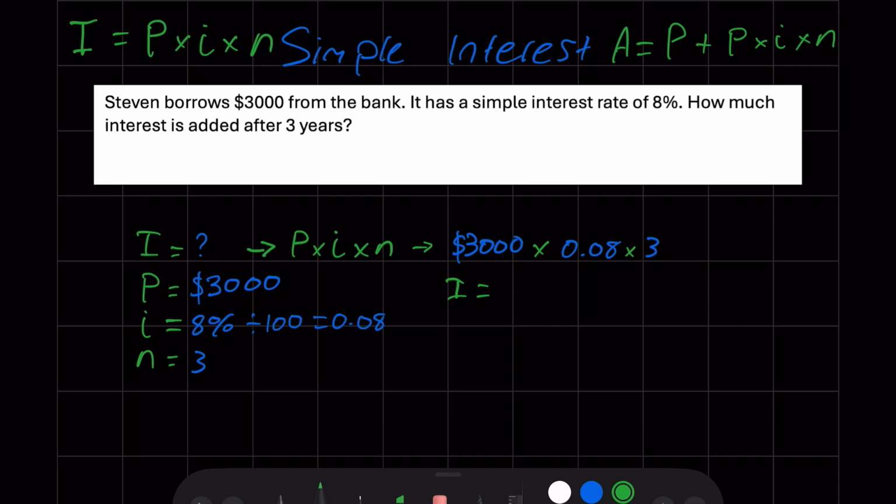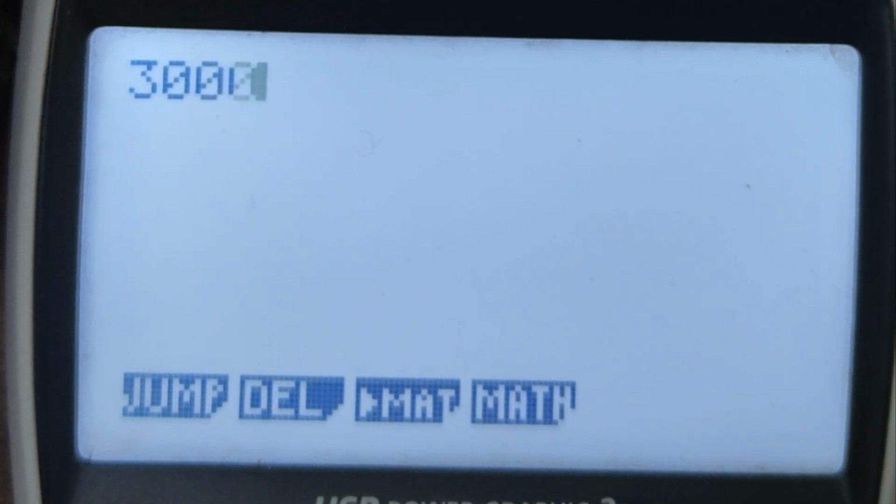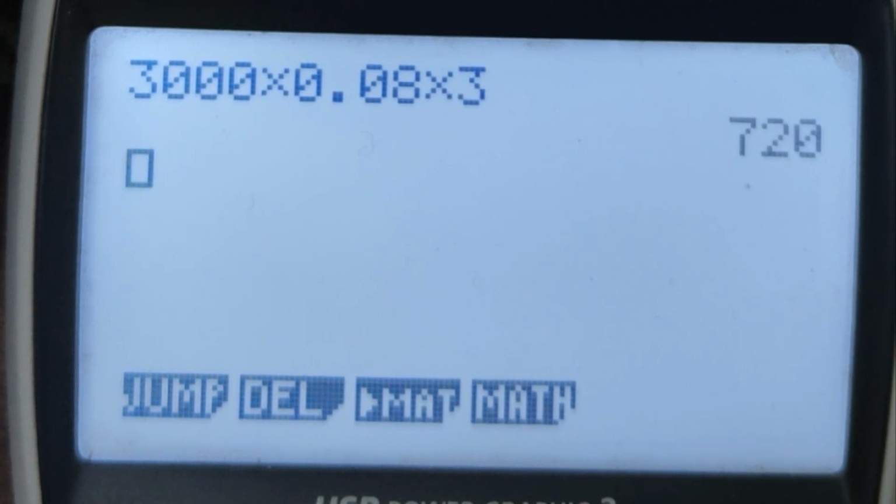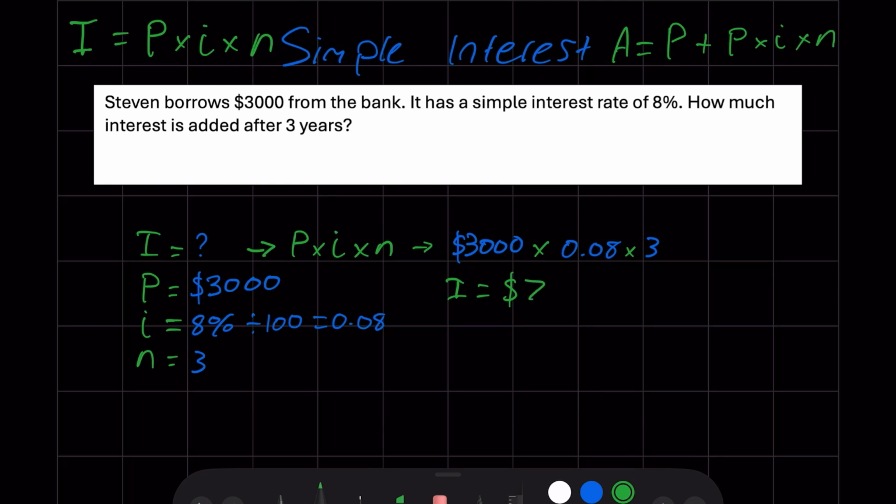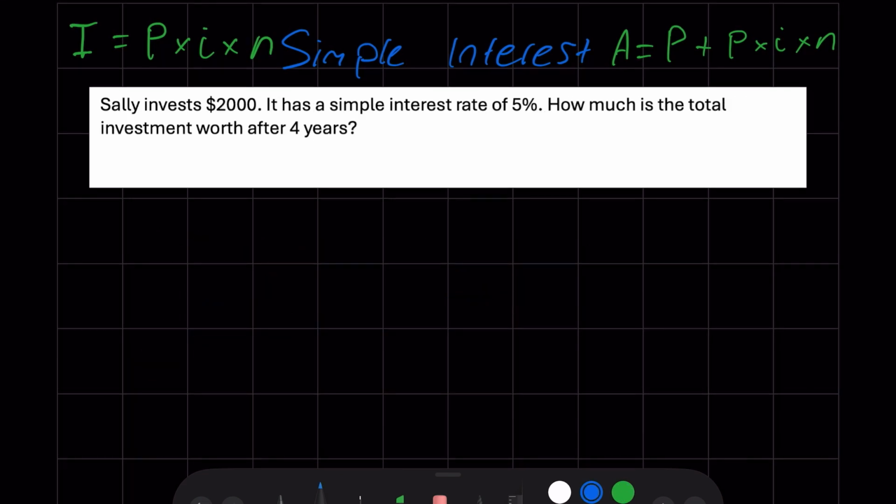So I'll put this onto my calculator. $3,000 times 0.08 times 3, and it equals $720. $720. That is the answer to this question. That's all you need to do. Let's try the next question.